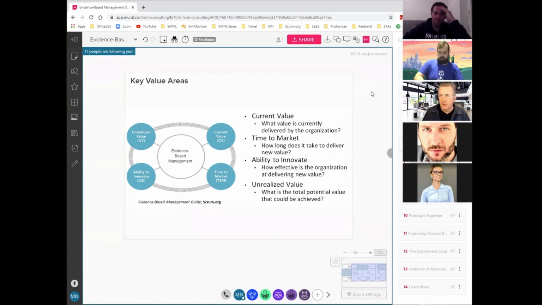In that guide, it describes what I'm beginning to talk about here, and I will flesh out some more for you. It also talks about a categorization of metrics that's a little different from what we just talked about. We talked about the Kellogg logic model: inputs, activities, outputs, outcomes, and impacts. This model is what we call key value areas.